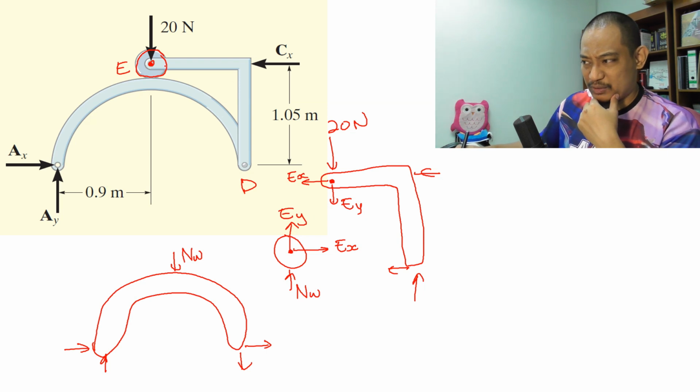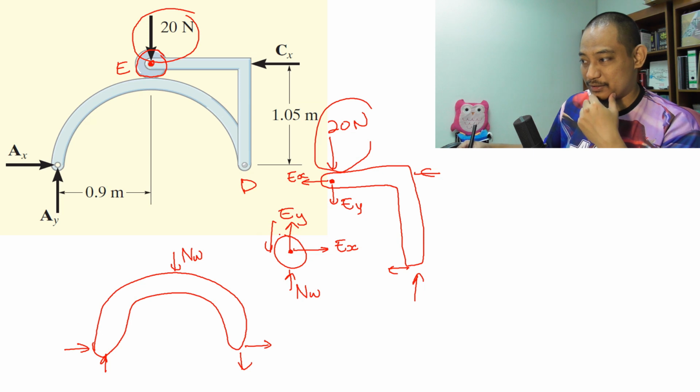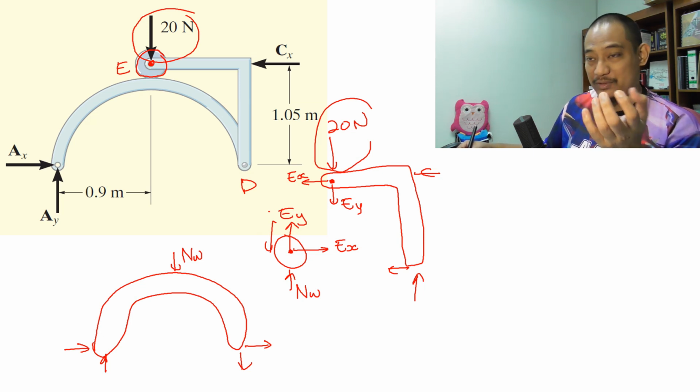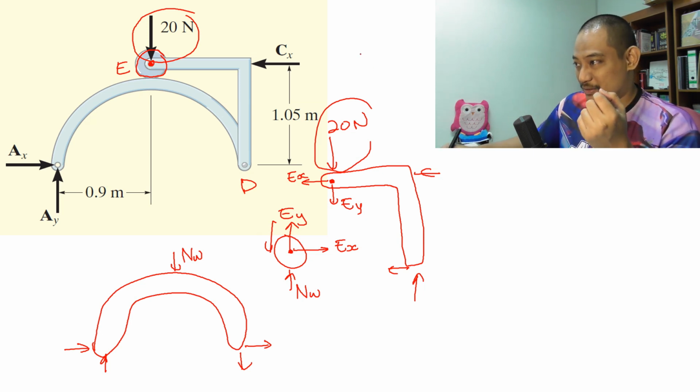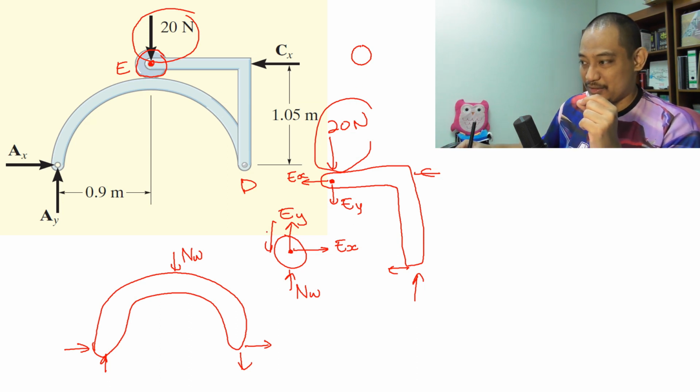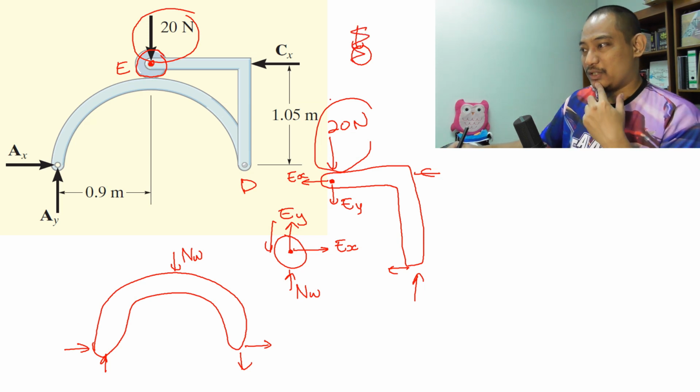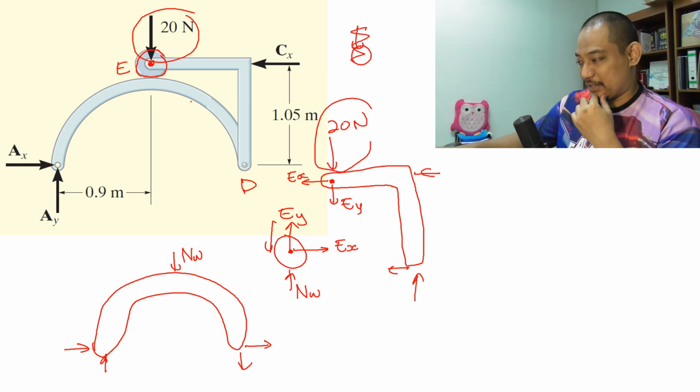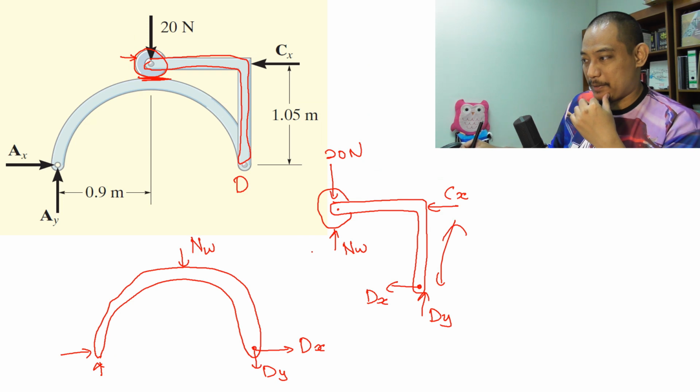Now, in this case, it will be quite interesting because this 20 Newton is acting on this. So there will be a dispute whether it should be here or here, right? Sometimes people actually draw it in the middle, on the pin that is attached to both, acting on the pin. Normally, that's why I tend to do it this way.